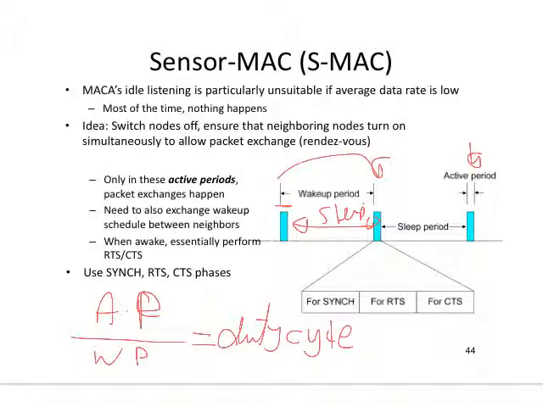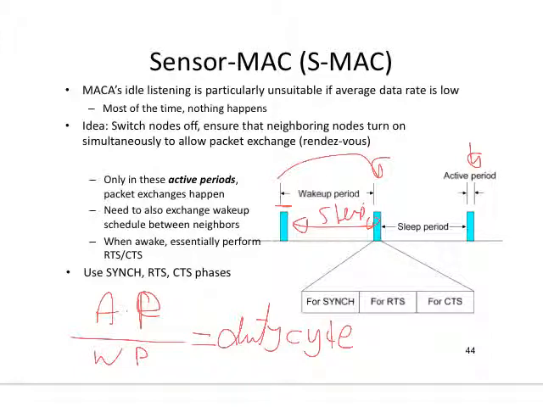SMAC does not perform any optimization with respect to the wake-up period and the active period. These are pre-configured parameters. So based on setting the active period or the wake-up period, you get certain performance. But this performance is not optimized for all types of traffic load.